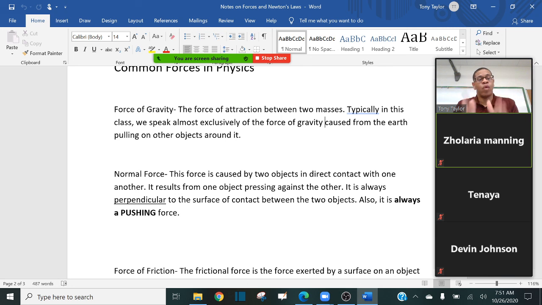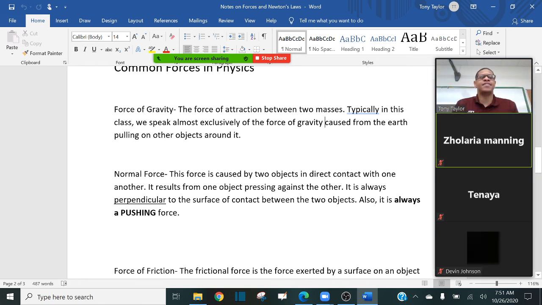Since both you and your little sister are masses, you are both attracted to each other. You both are literally pulling on each other, kind of like two magnets pull on each other.